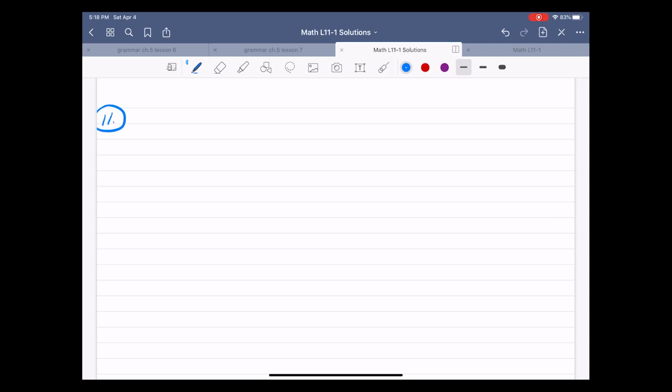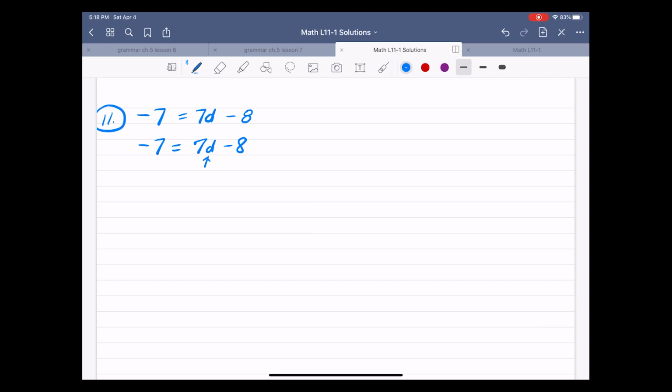Number 11, we have negative 7 equals 7d minus 8. The last problem I didn't rewrite, so let's do that right now. Mrs. Lynn, practice what you preach. My variable is d, so I've got to get rid of everything in the way of the d.